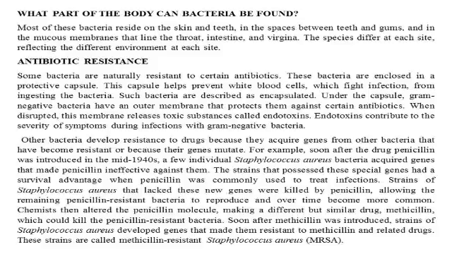The strain that possesses this special gene had a survival advantage when penicillin was commonly used to treat infection. Strains of Staphylococcus aureus that lacked this new gene were killed by penicillin, allowing the remaining penicillin-resistant bacteria to reproduce and over time become more common.